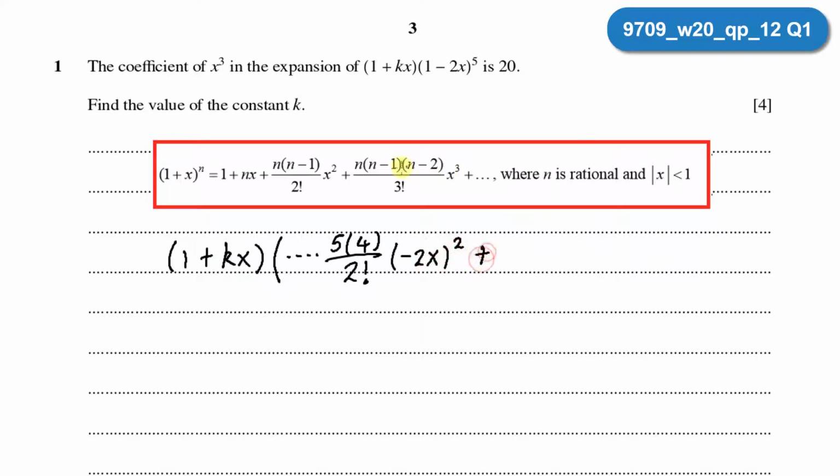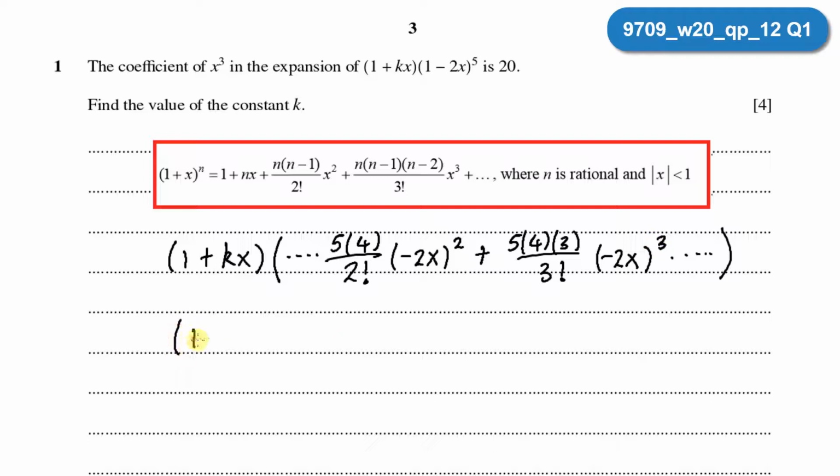And that's plus n times n minus 1 times n minus 2 over 3 factorial, which is 5 times 4 times 3 over 3 factorial, of x cubed. X is minus 2x, so that's minus 2x cubed. So this is what we have for the term in x squared and the term in x cubed.